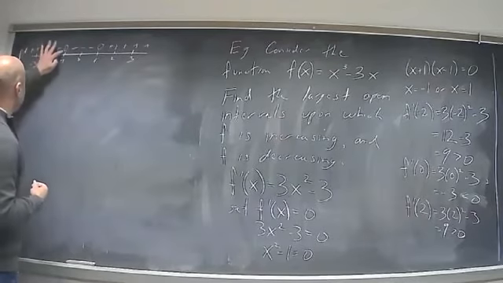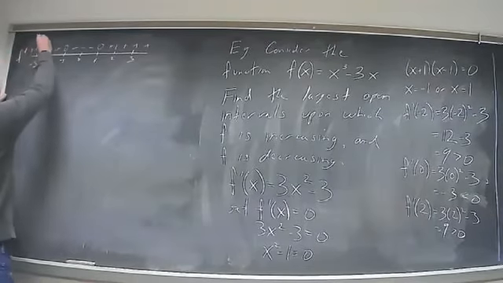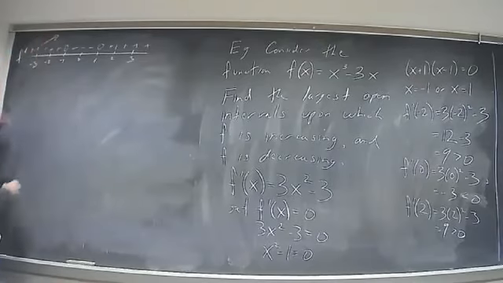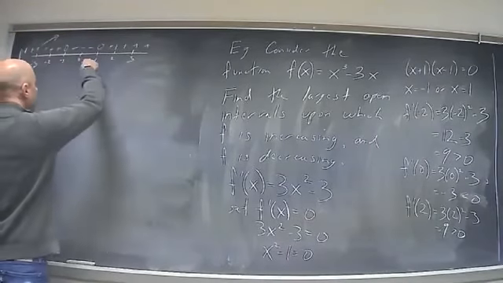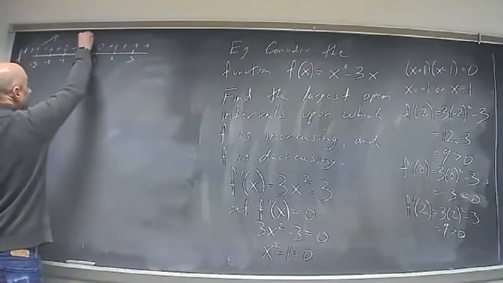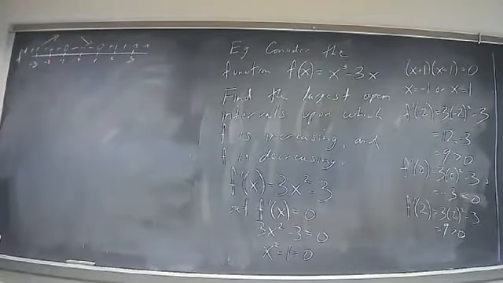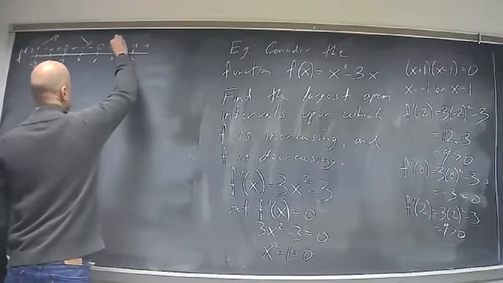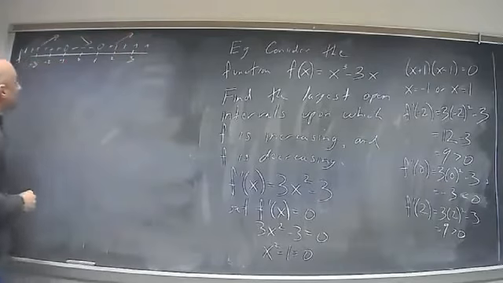So over here, the function's increasing, uphill to the right. I'm going to put an arrow going uphill to the right. Over here, between -1 and 1, it's decreasing. I'm going to put an arrow going downhill to the right. Again, the arrowhead always goes on the right. We always imagine we're moving from left to right on the number line. And then uphill to the right over here.